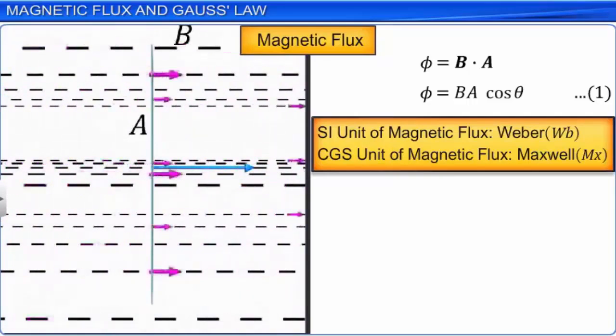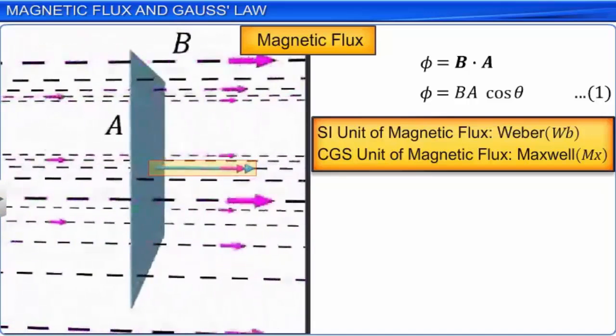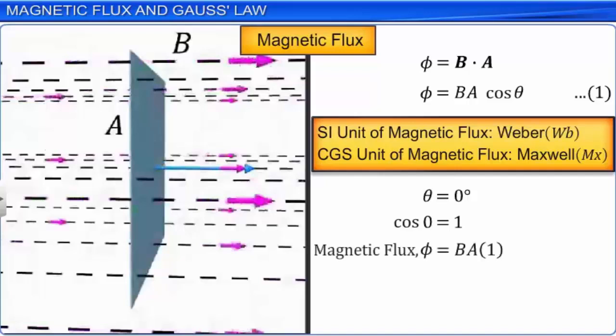That is, the angle between the plane of the given area and the magnetic field is 90 degrees. The angle between the area vector and the magnetic field theta is equal to 0 degree. Cos 0 degree is equal to 1. Thus, the magnetic flux phi is equal to BA.